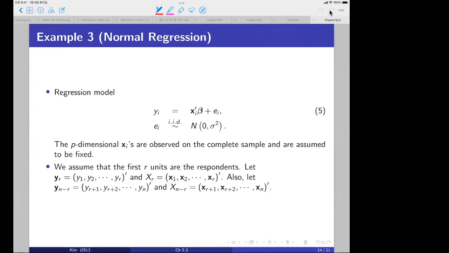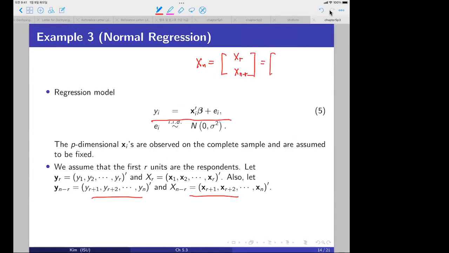So normal regression. The regression model is this one, and you have the first R units responding, so basically you can write X as X_R, X_{N-R}, right?